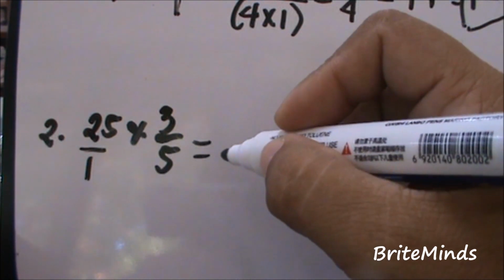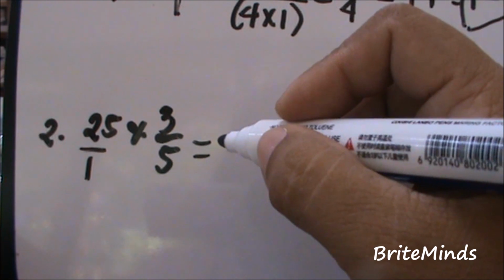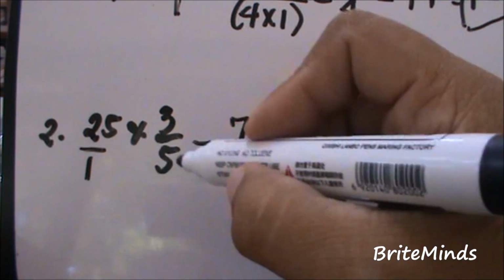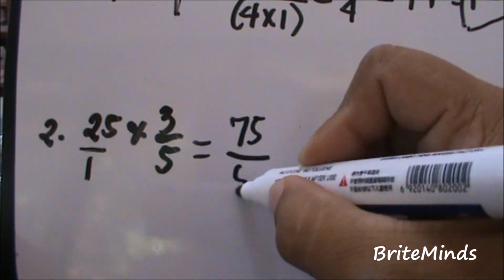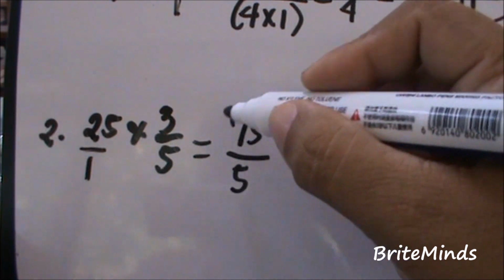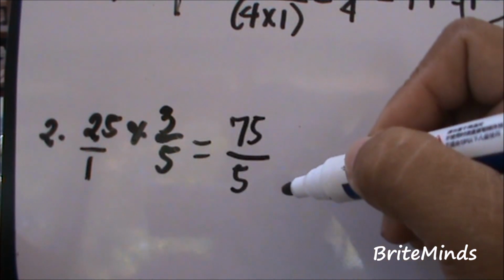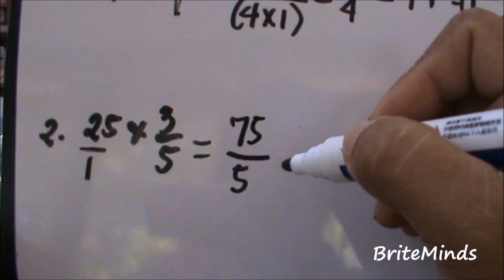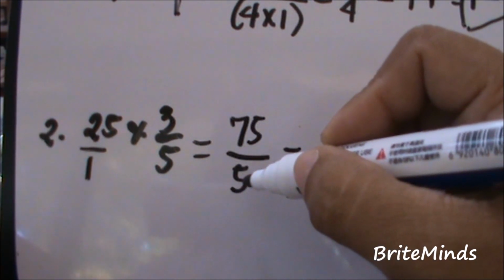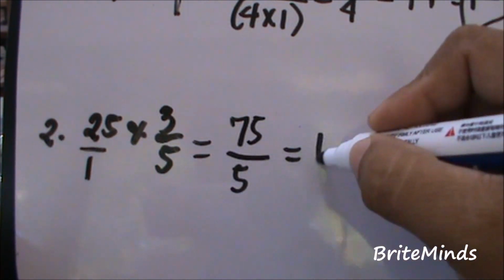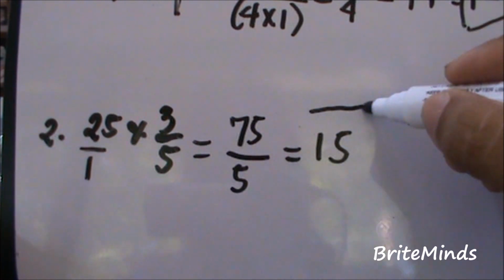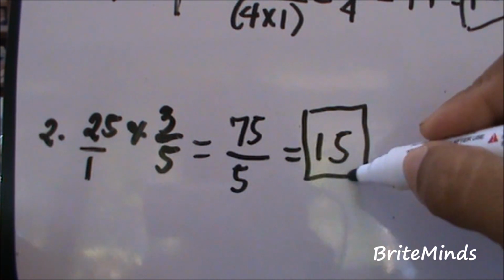So 25 times 3 is 75, and 1 times 5 is 5. This is an improper fraction. We can change it into a whole number or a mixed number. So 75 divided by 5 is 15. Our answer is 15.